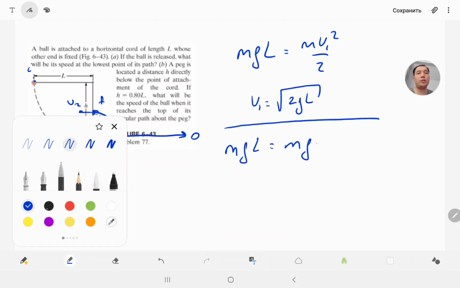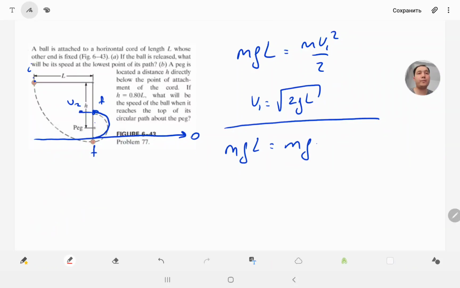So we need to take this height. So first we should find this angle, this height. So this height equals what? L minus h.